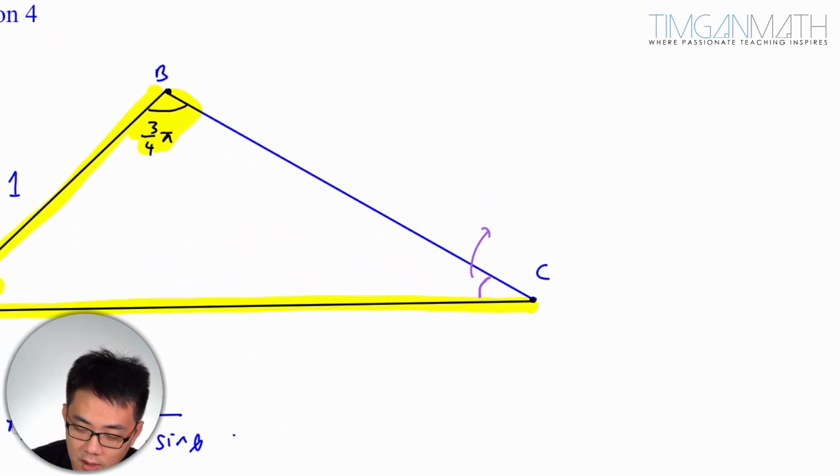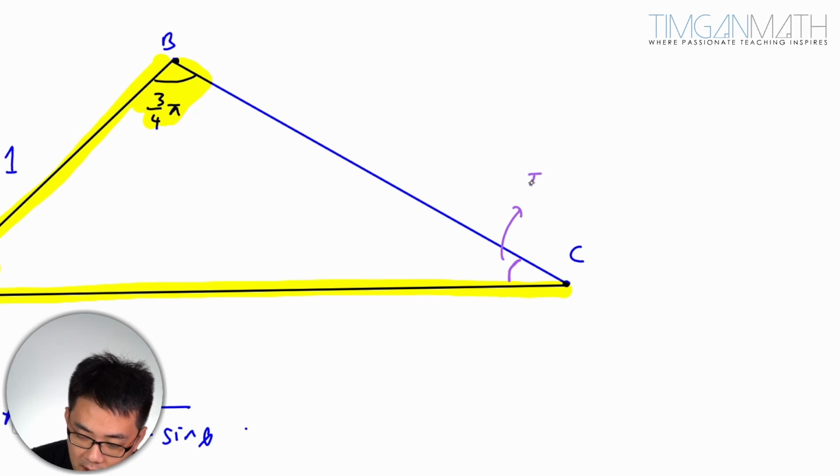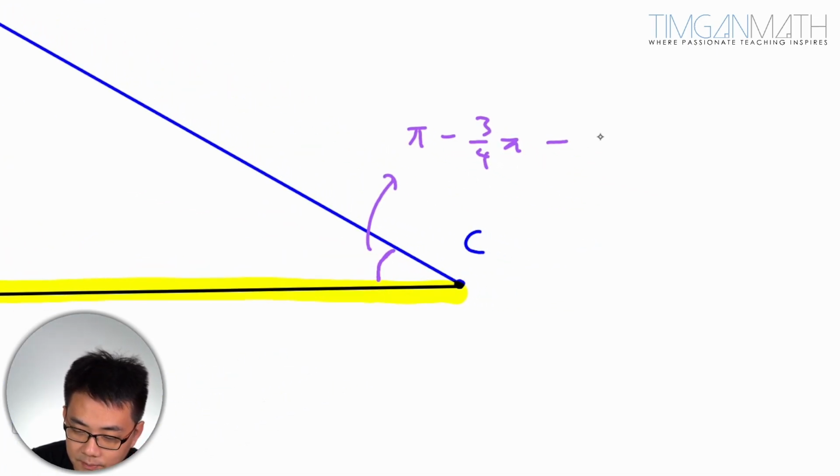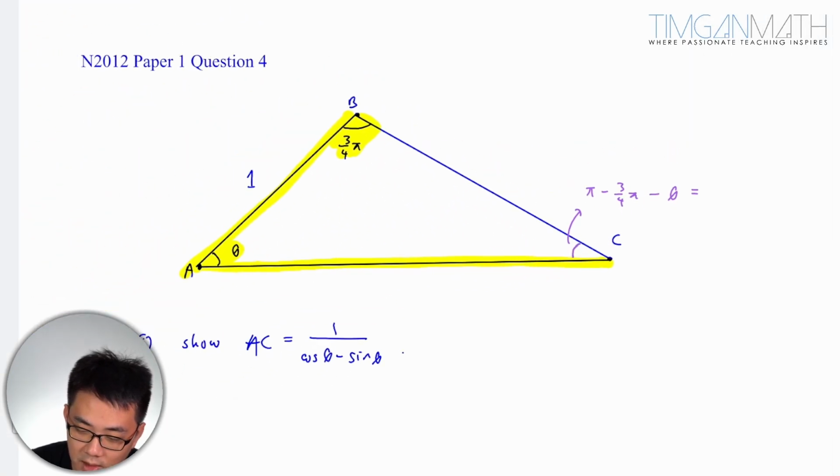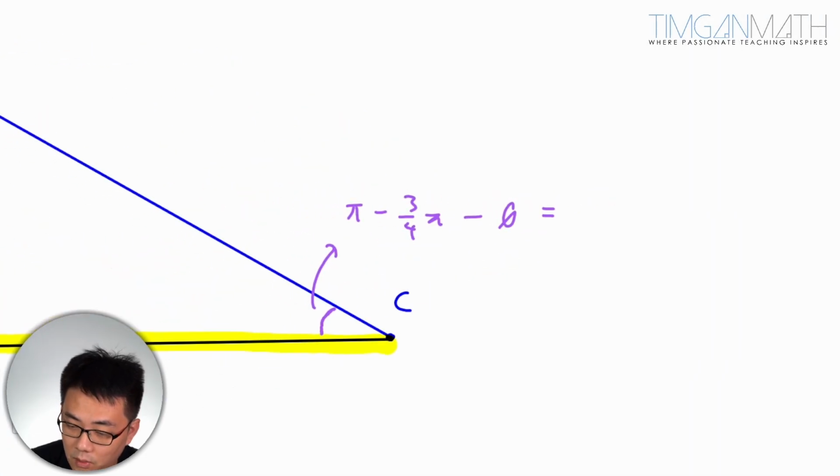So this angle will be pi minus 3 over 4 pi minus theta. Theta is here. So this will be pi, which is 180, minus these two angles, that will be 1/4 pi minus theta.